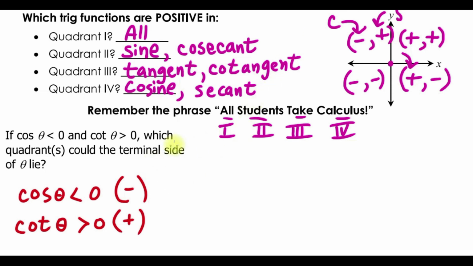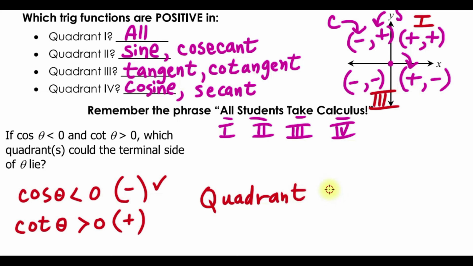Well, tangent is positive in quadrant 1 and then quadrant 3, right? But then you need cosine to be negative. And cosine is negative in quadrant number 3. Okay, so the answer to this one is going to be quadrant 3.